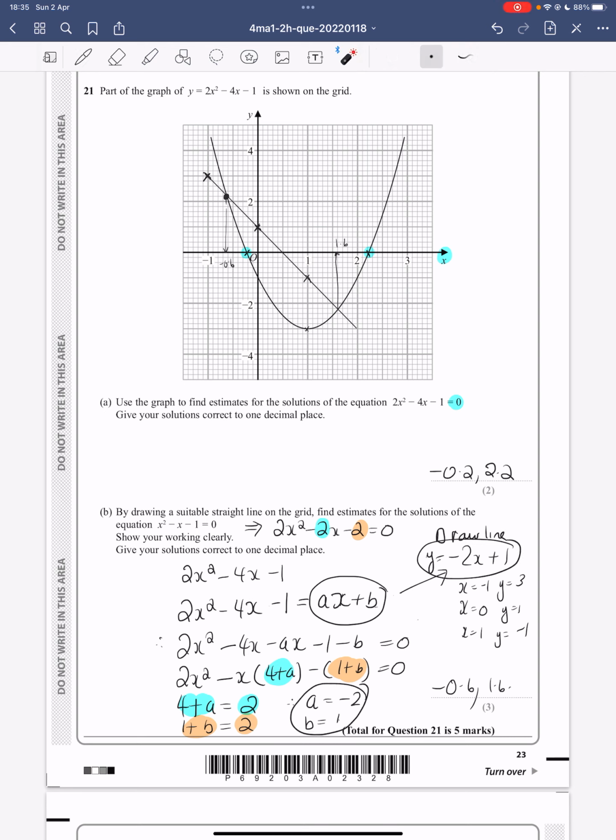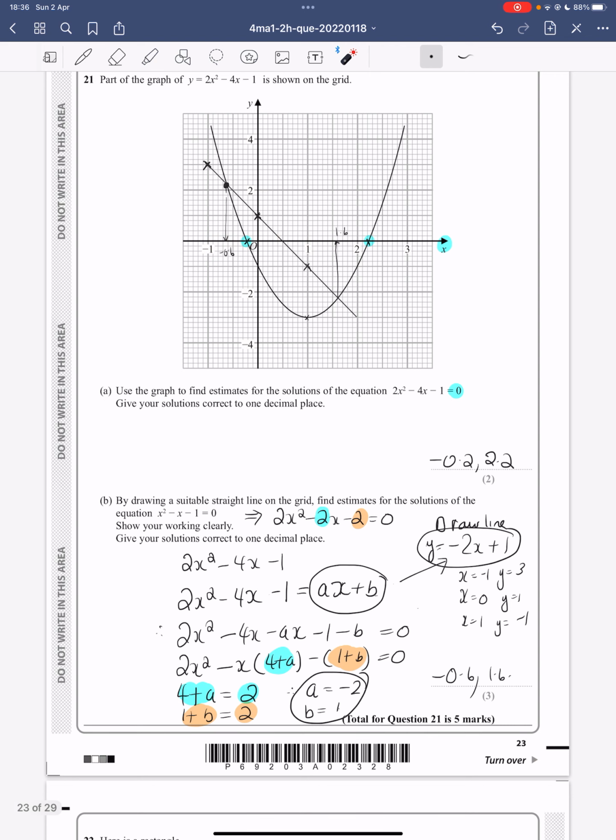Okay, so I picked some points here, and again this scale caught me out when I first did it. It's because this way, 5 little squares is 1, but this way 10 little squares is 1. So just be careful of that, don't be caught out. Anyway, so plot some points. X is minus 1, y is 3.